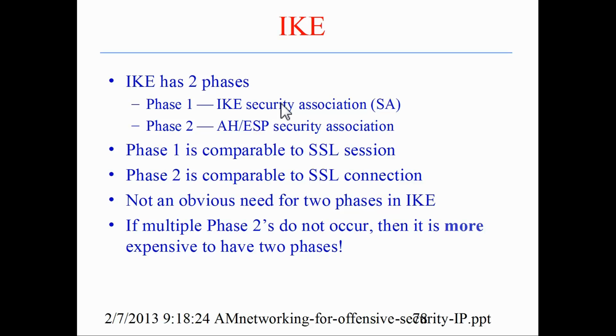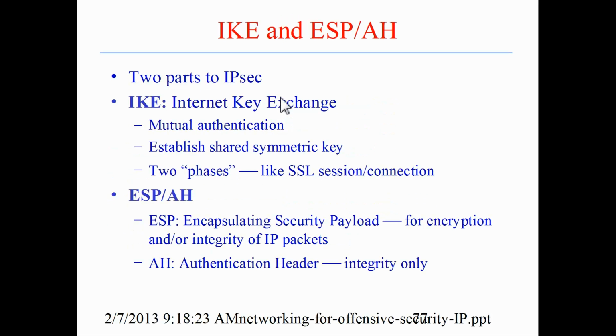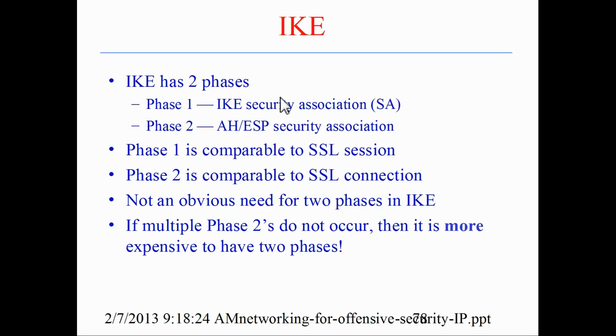where phase one establishes a symmetric key that will be used to facilitate basically private communication. And phase two is the resulting connection that occurs over that now encrypted channel.